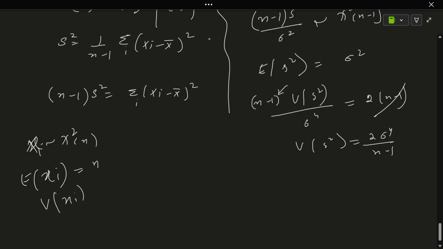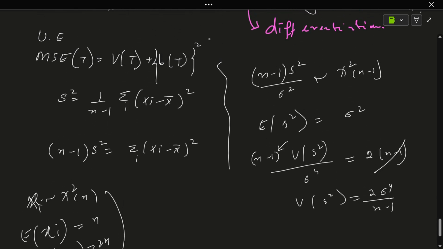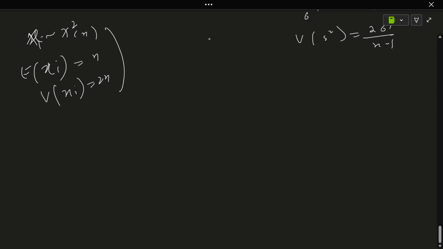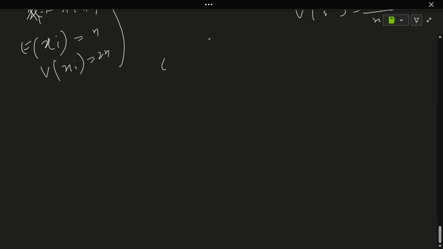Variance of this xi will be 2n. Clear? So if this is chi square n minus 1, then expected value of this will be n minus 1. Then variance of this will be 2 times n minus 1. So now we have seen that expected value of s square is equal to sigma square. Clear? And variance of s square is 2 sigma 4 over n minus 1.